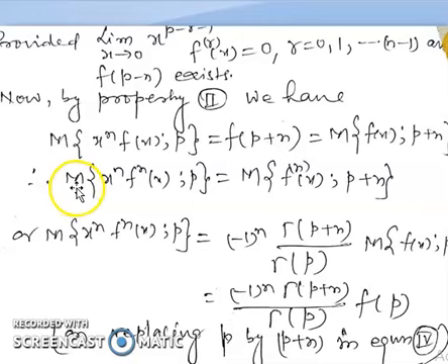Therefore M of x to the power n f to the power n of x such that p can be written as M of f to the power n of x such that p plus n, or M of x to the power n f to the power n of x such that p, and this result becomes minus 1 to the power n. We have already seen that when we differentiate a second time, again there is a negative sign, so when we differentiate n times, it becomes minus 1 to the power n.